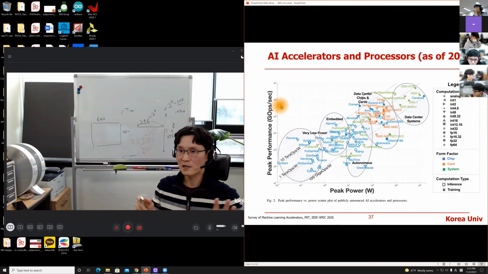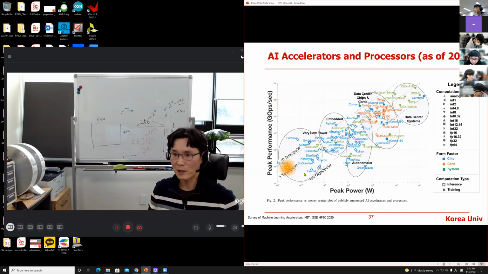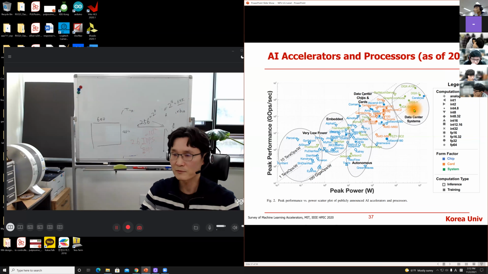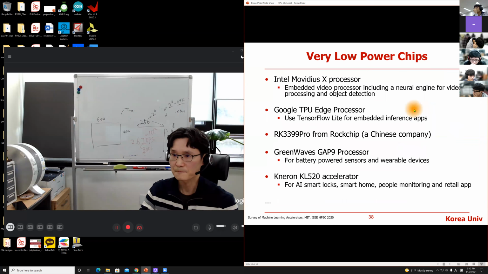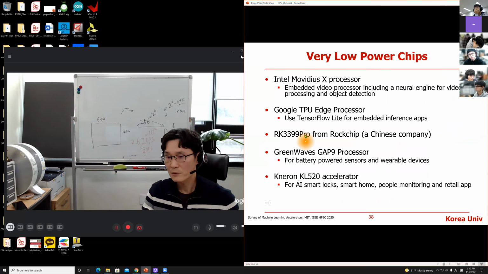They classified DNN accelerators into 5 different categories like this: low power, embedded, data center, and so on. Here is very low power, this one, a very low power example. You can just skip it. You don't have to read it.